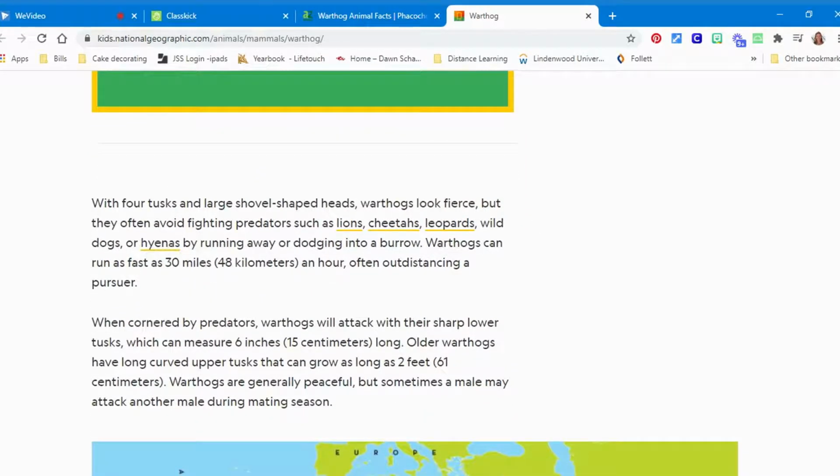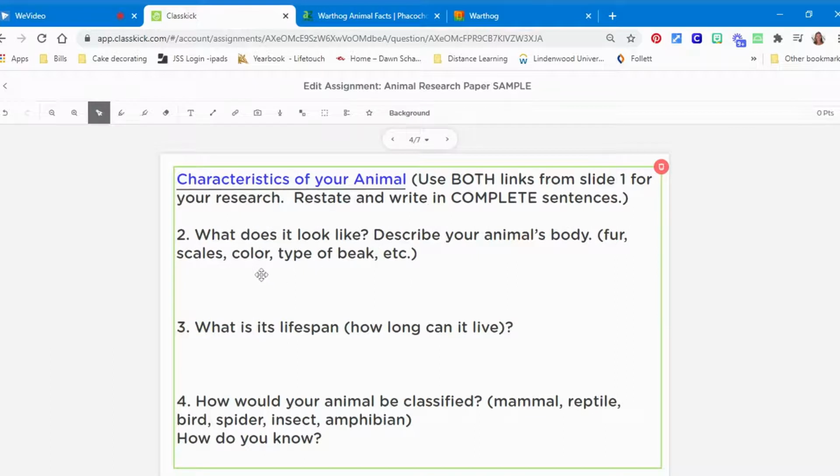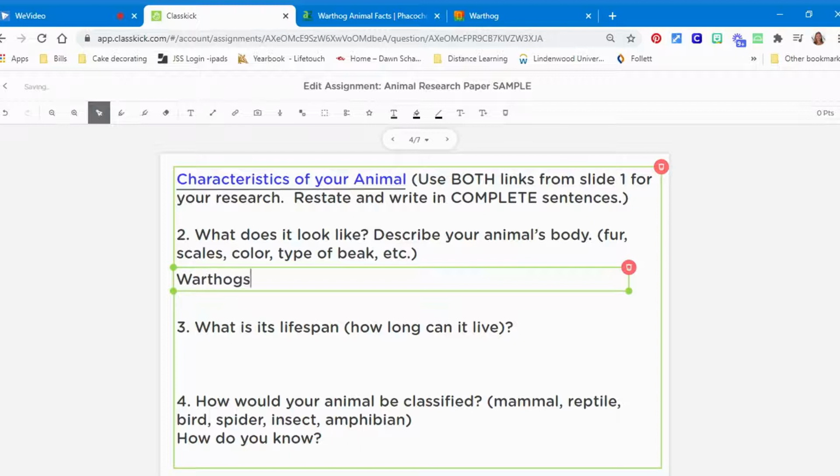And this very first paragraph says, with 4 tusks and large shovel-shaped heads, warthogs look fierce. So I feel like I can use that in my description. So of course I'm doing slide 4 and I'm going to type in, what does it look like? So in my own words, I could say warthogs have 4 tusks and a shovel-shaped head.